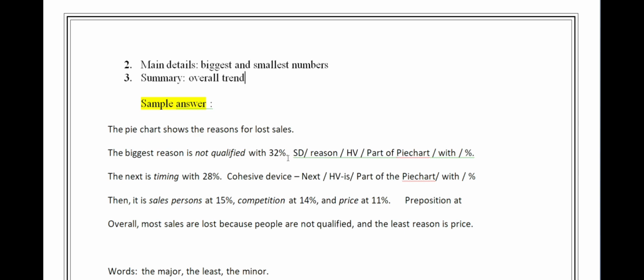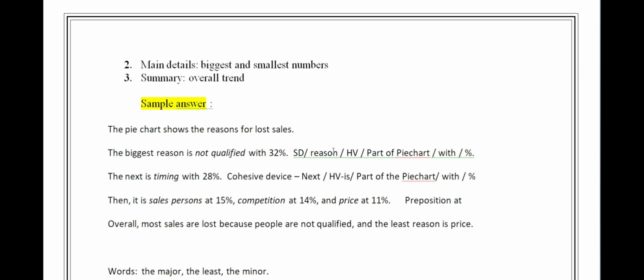In our last class, we worked on the preposition at. Now here we have taken the preposition with. How do we use that? It is the superlative degree, that is the biggest, the major, the smallest. Then it is the reason, the biggest reason, the maximum reason, the minimum reason. According to the context, you can use the phrase.